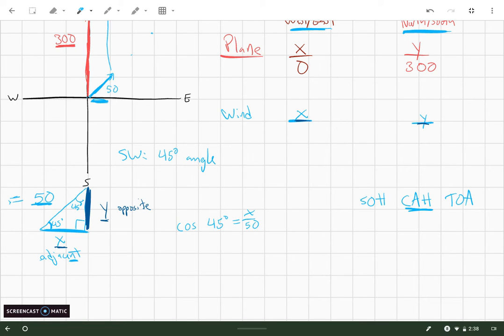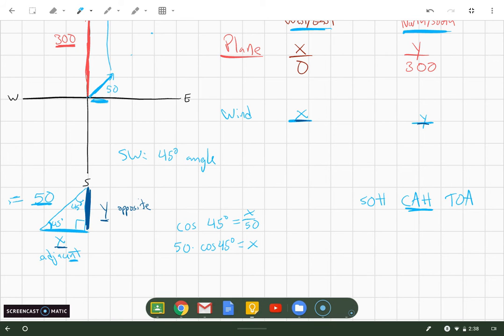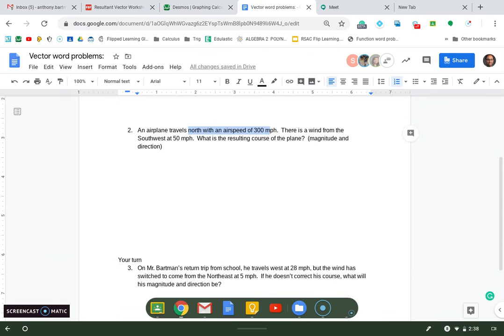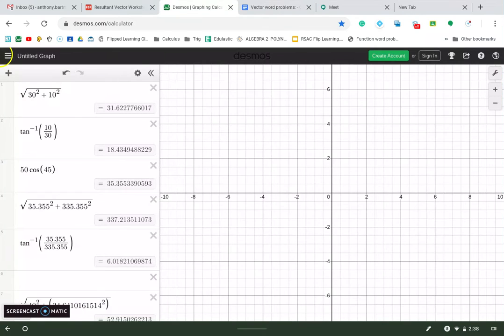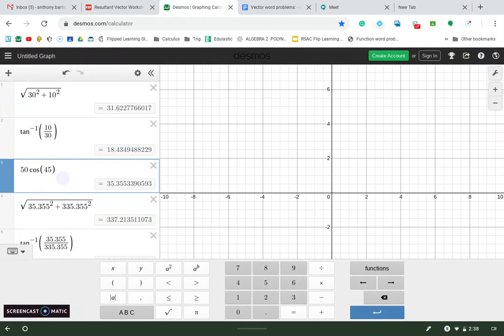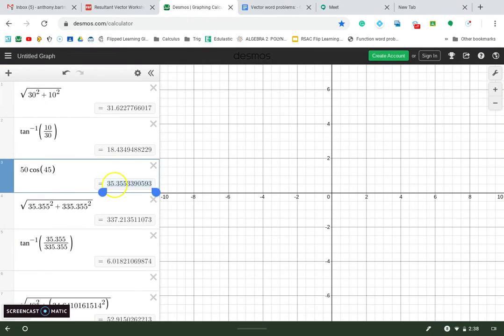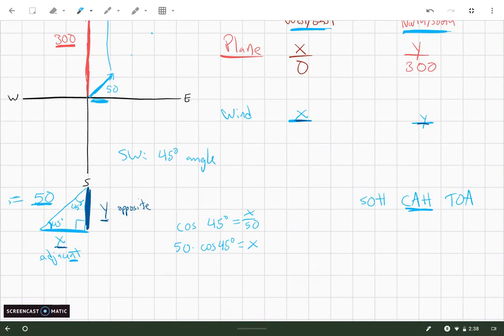Multiplying both sides by 50, I get 50 times cosine of 45 degrees equals x. In Desmos, 50 times cosine of 45 degrees is 35.355. So I can say 35.355 equals x.